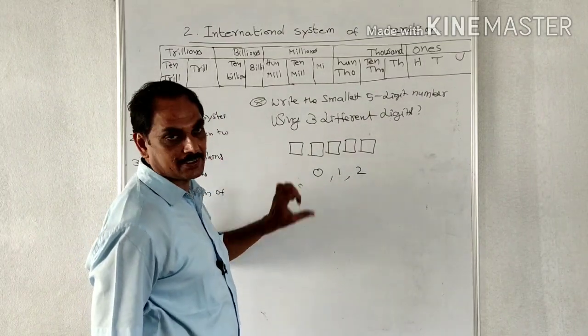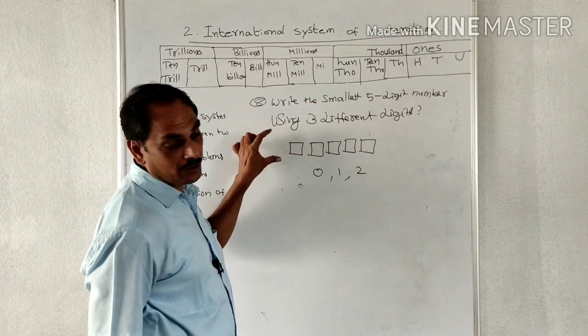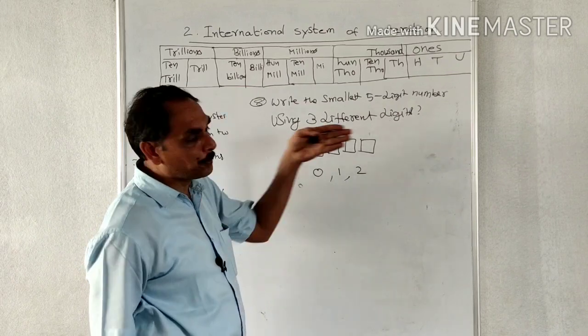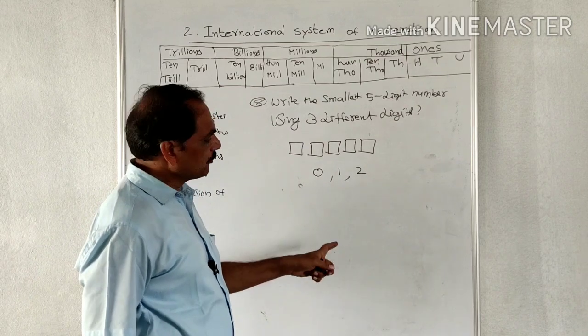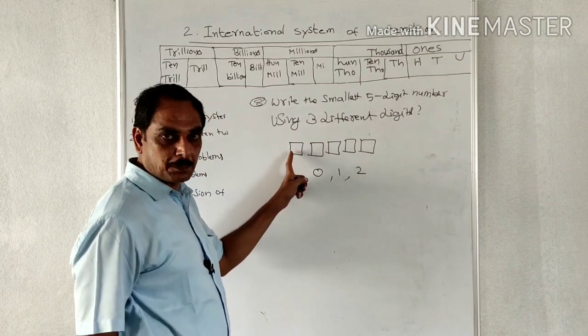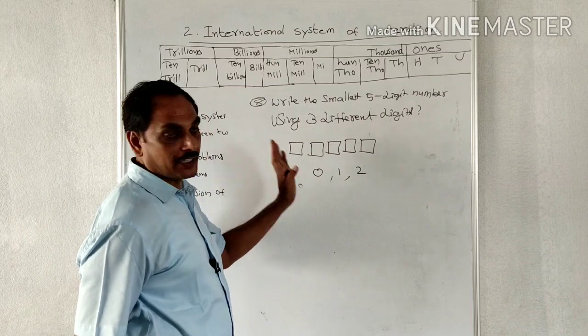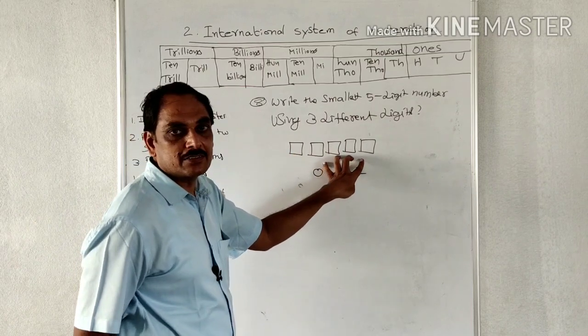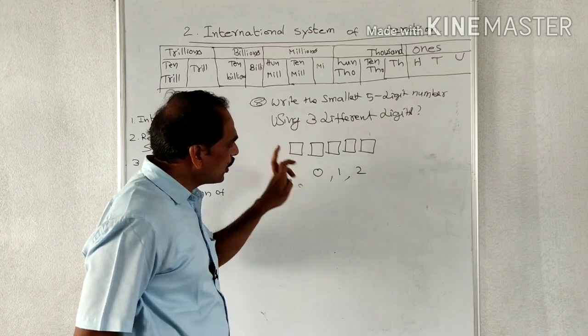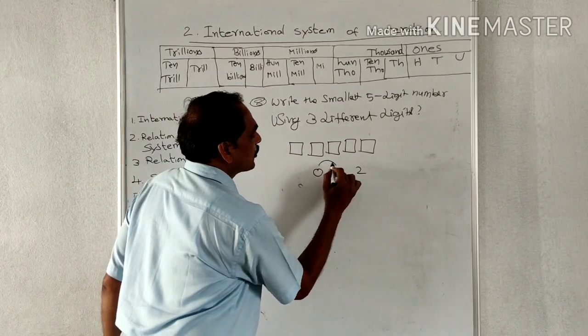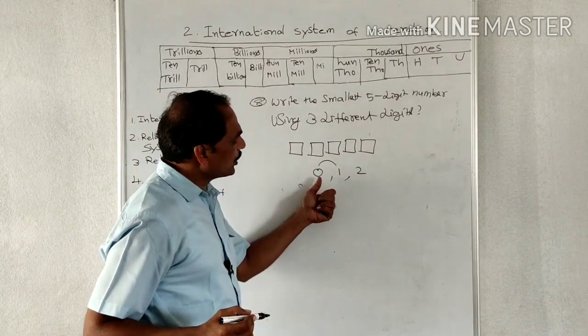In this we fill the boxes from left to right, small to big. But when we write 0 in the leftmost place, it will be a 4 digit number only. So we cannot put 0 in the leftmost place. We change the leftmost place from 0 to 1.